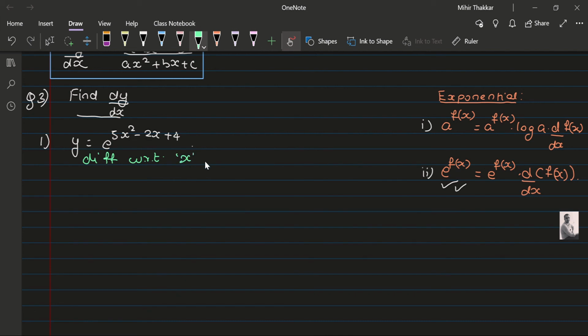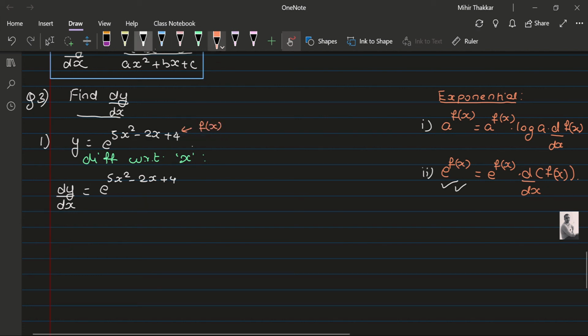You know that the derivative of e raised to f(x) is e raised to the same element. As you all know, this entire power element is considered as f(x), so we have to multiply with the derivative of f(x).